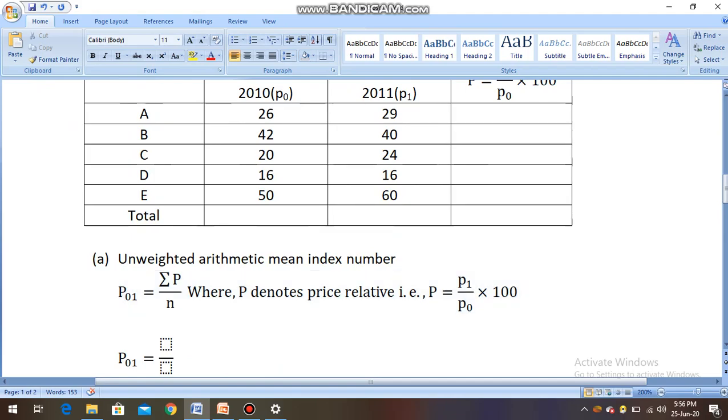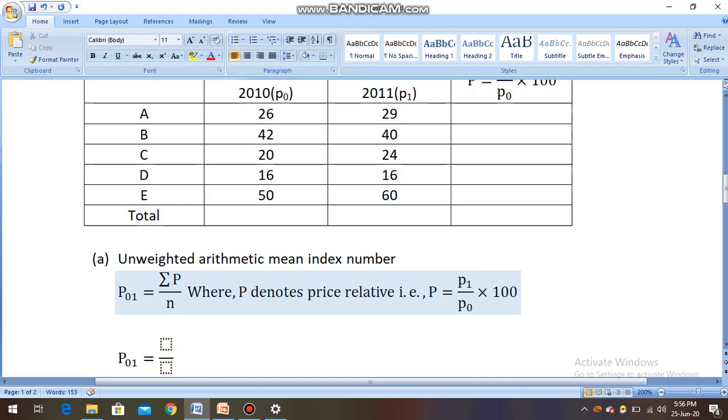Here P is nothing but price relative, that is P1 by P0 into 100, that is item wise we have to calculate the relative value. We need to divide any one particular item's price in the current year by prices in the base year into 100.